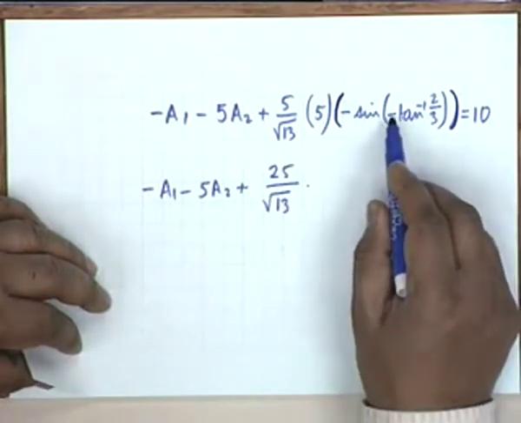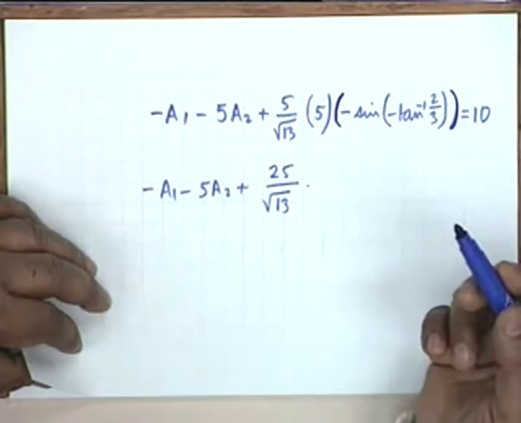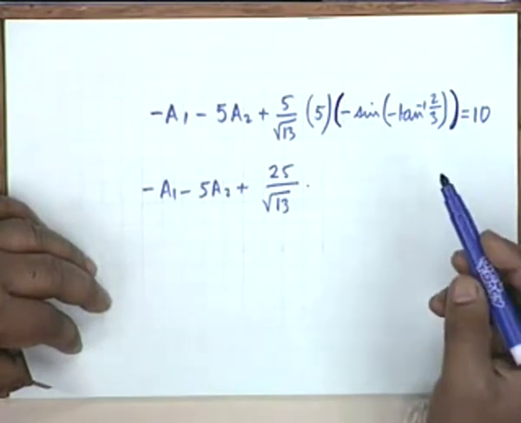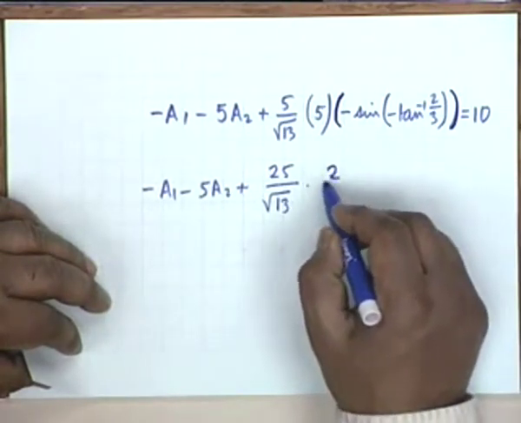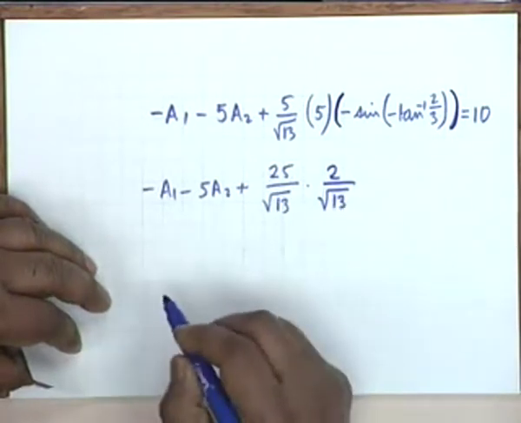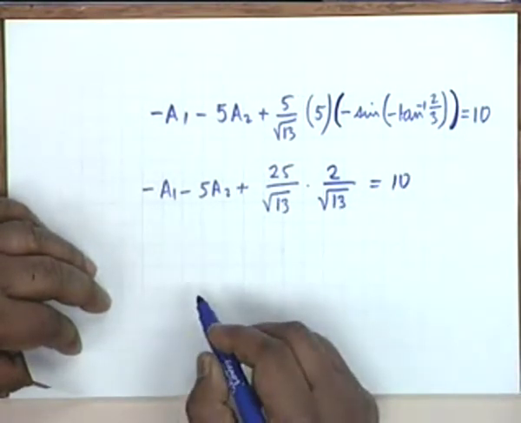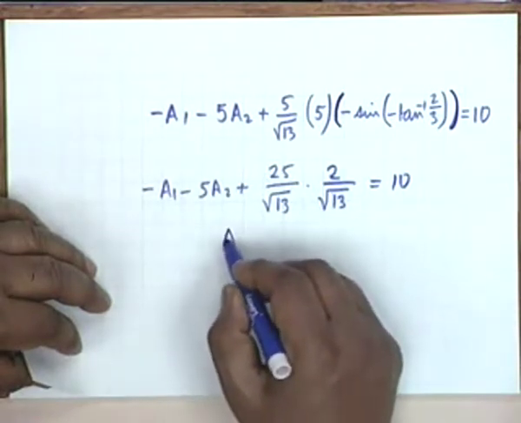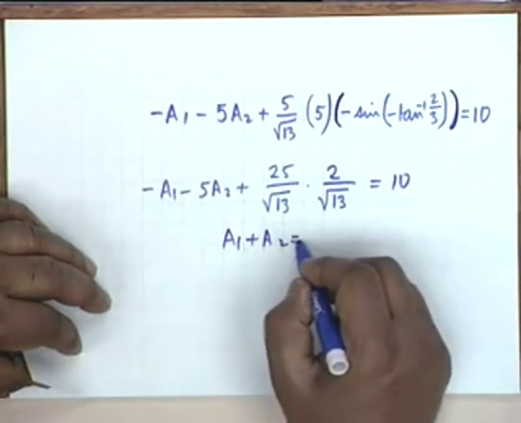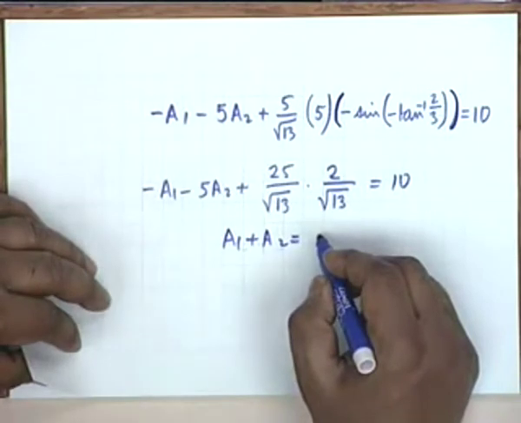Now minus minus will make plus, sine of this would be 2 by root 13, and this would be equal to 10.